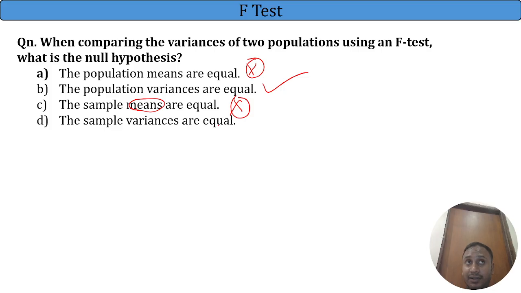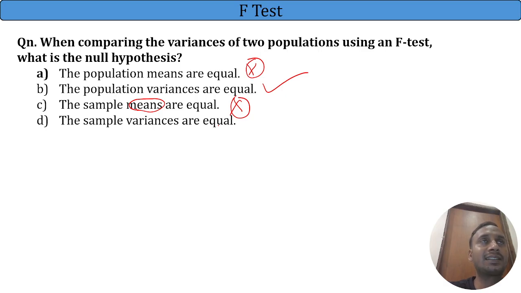Just think about whether that statement is correct or not. It can't be. Why? For the population, the variances will be equal.